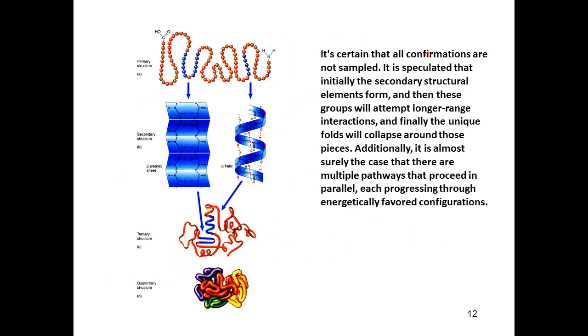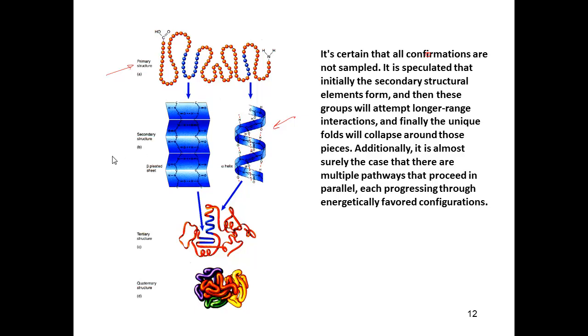And this slide encapsulates much of the current thinking about protein folding. Here we have the linear chain, the primary structure, and what you have very rapidly is a collapse of local amino acids into stable structures, alpha helices and beta sheets.